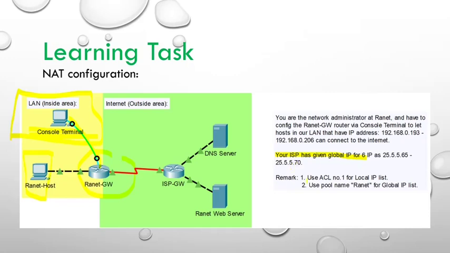Okay, remarks 1. Use ACL number 1 for local IP list, and 2. Use full name RayNet for global IP list. Okay, so that's for the learning task. I've seen there are a lot who submitted the learning task already. Anyway, this is from your CCNA lab. So you can browse different sources for your learning task. Okay, thank you.